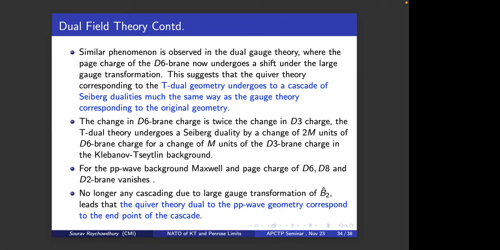Even for this case, if you consider the Klebanov-Tseytlin case, in the non-abelian T-dual background the brane structure is quite understandable. Quite understandable means how the branes wrap, how the intersecting branes behave, all these things.